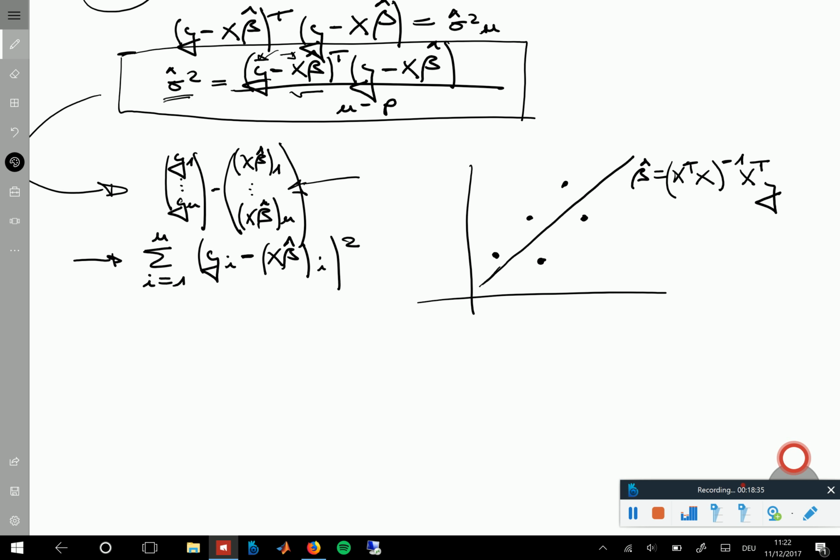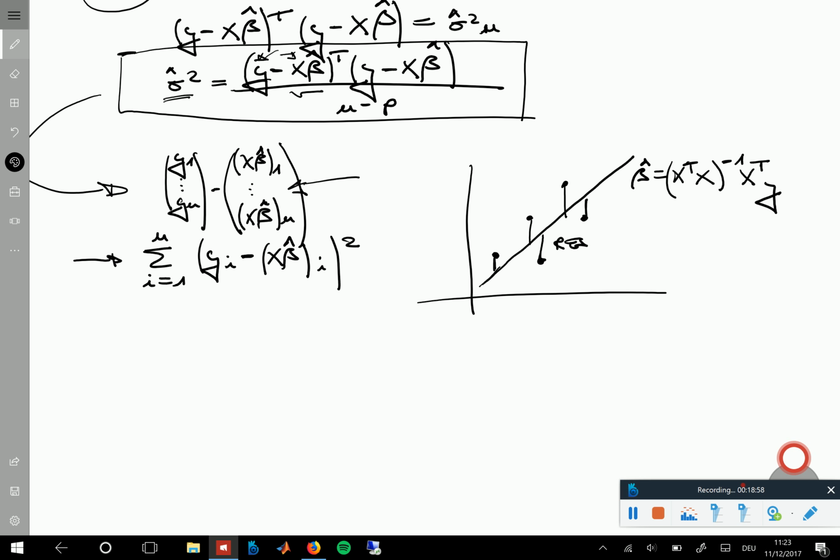Even after fitting this line, of course, you still have some remaining error terms. The line fits the points, but it doesn't fit every single aspect of them. So you have these residuals.